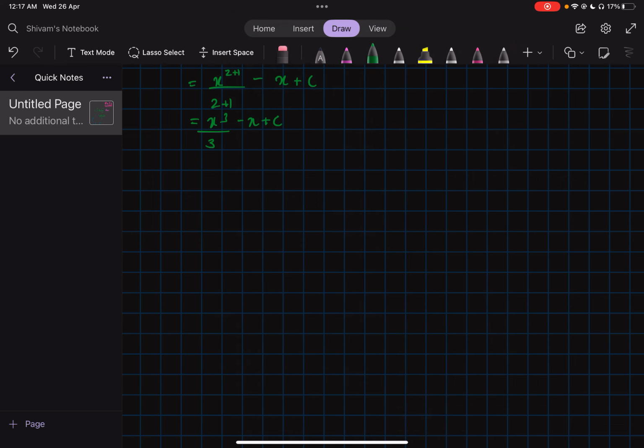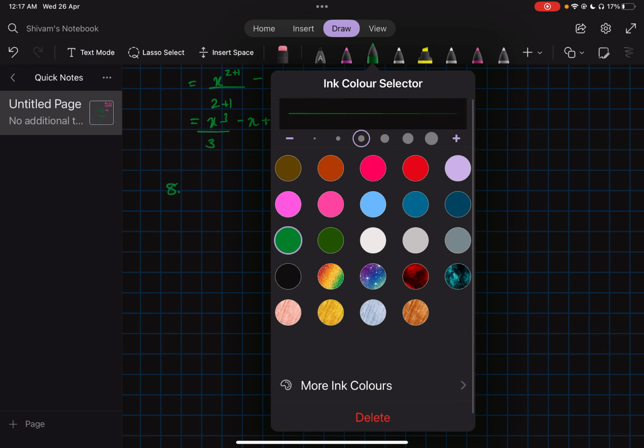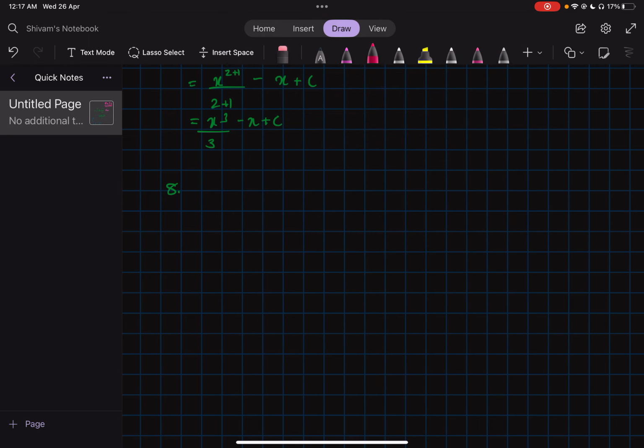And we have the eighth question. Oh, I'm sorry, I didn't switch color. Right. The eighth question is the integral of ax squared plus bx plus c dx. It's important to note in this question that a, b, and c are constants. They do not have to be integrated using the power rule or any other such trick.